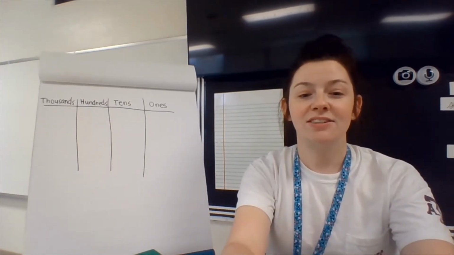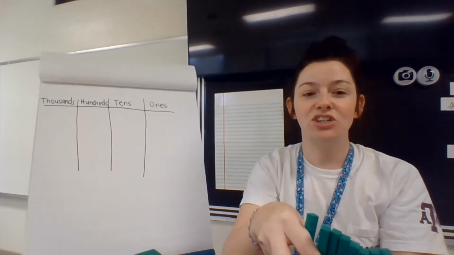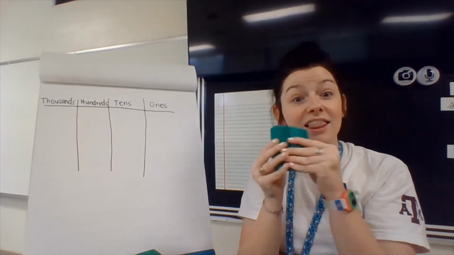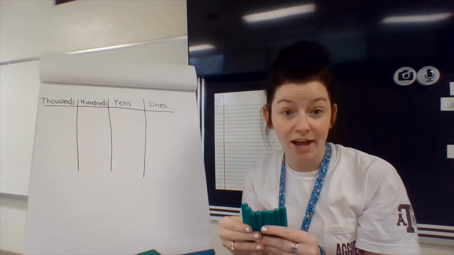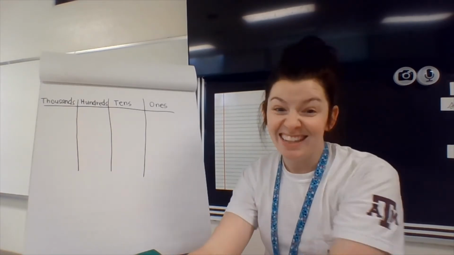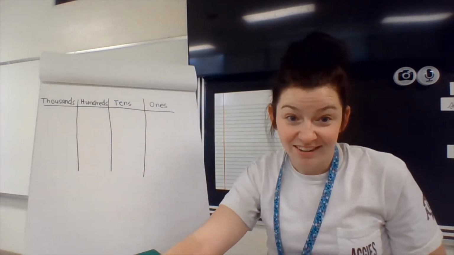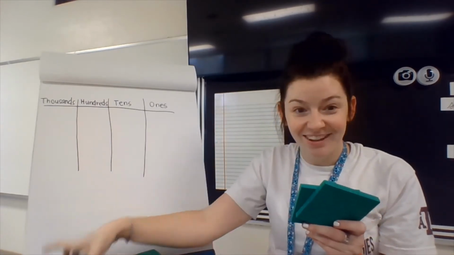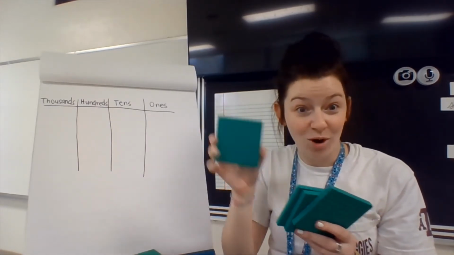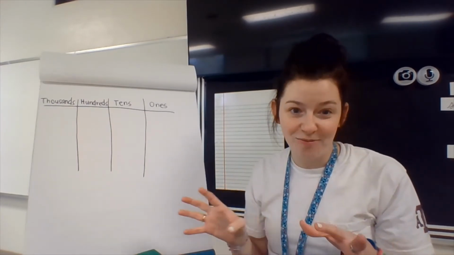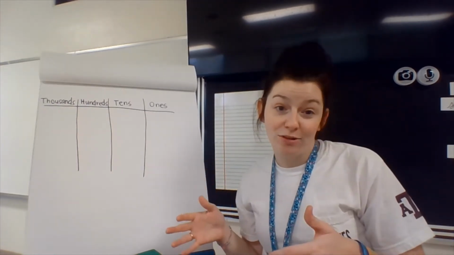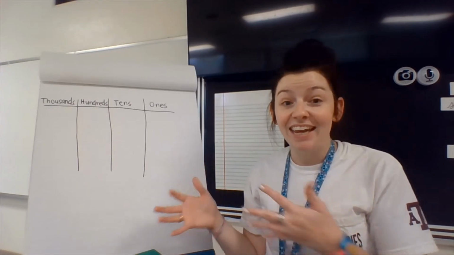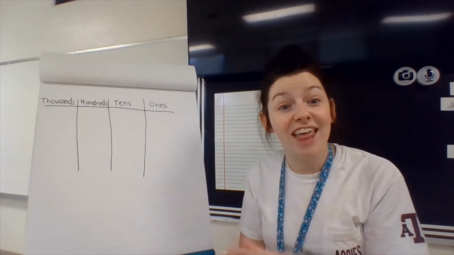If I stack these all up nice and neat near each other, and I have 10 of them, this is equal to 100. Instead of trying to count all the tens, it's easier to count by hundreds, right? 100, 200, 300, 400.